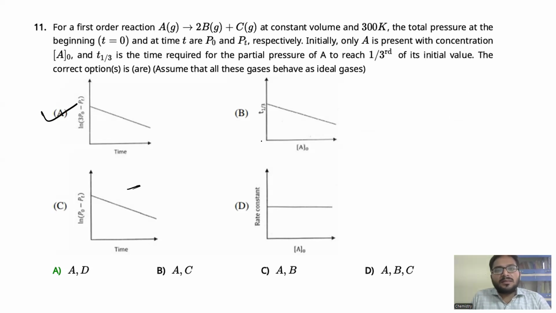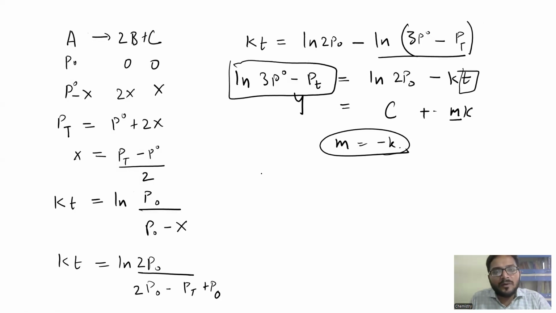Just like t half is independent of initial concentration, in the same manner T1 by 3 will also be independent of initial concentration. You can check this also. T1 by 3 is equal to (1 by K) ln A naught by (A naught by 3).